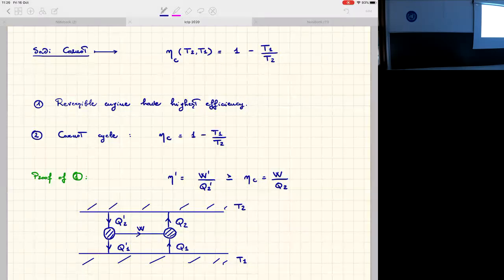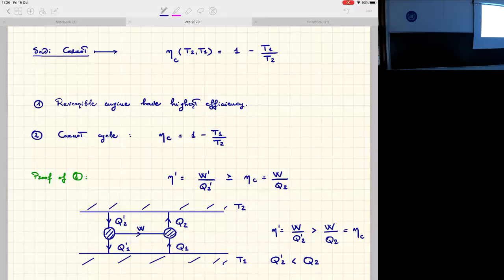Now, the fact that mu prime is greater than mu, so mu prime is equal to the work divided by Q prime 2, and this is greater than the work divided by Q2, which is the Carnot efficiency. Now, this implies that Q prime 2 is smaller than Q2.